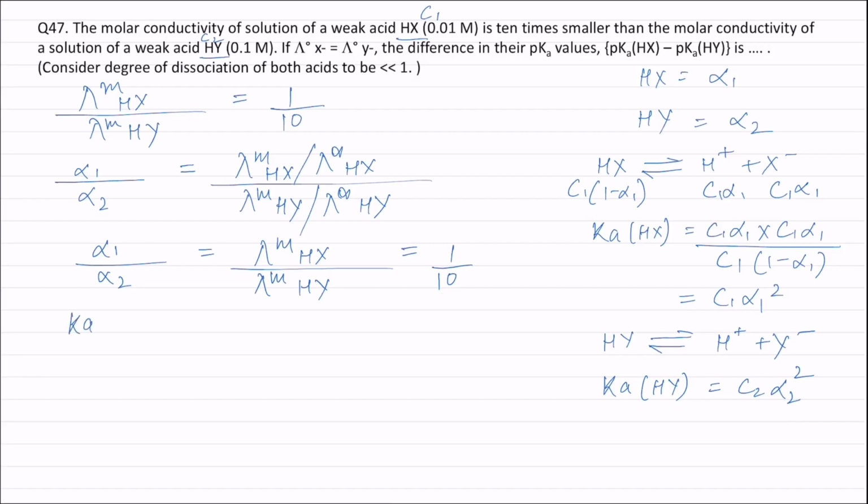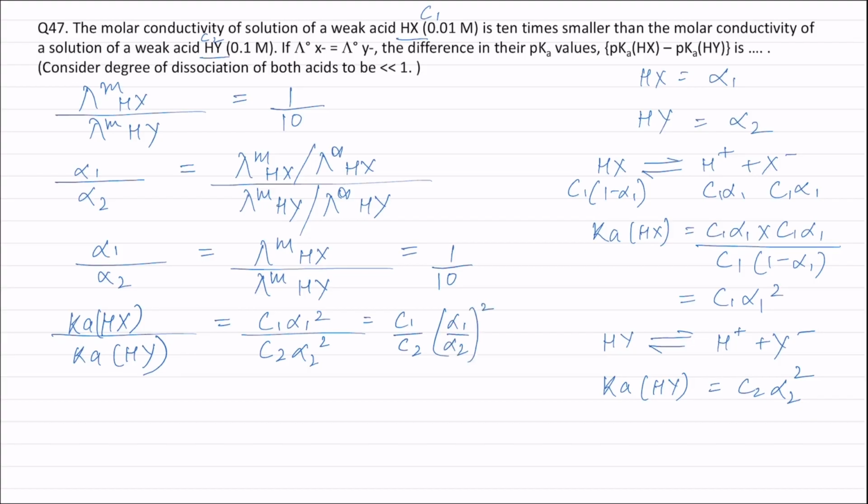Now Ka of HX divided by Ka of HY will be equal to C1 alpha 1 square divided by C2 alpha 2 square, or this is also equal to C1 by C2 into alpha 1 by alpha 2 whole square.